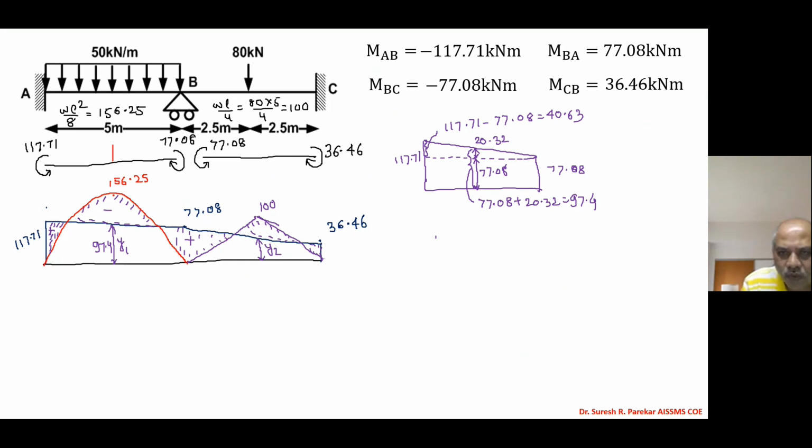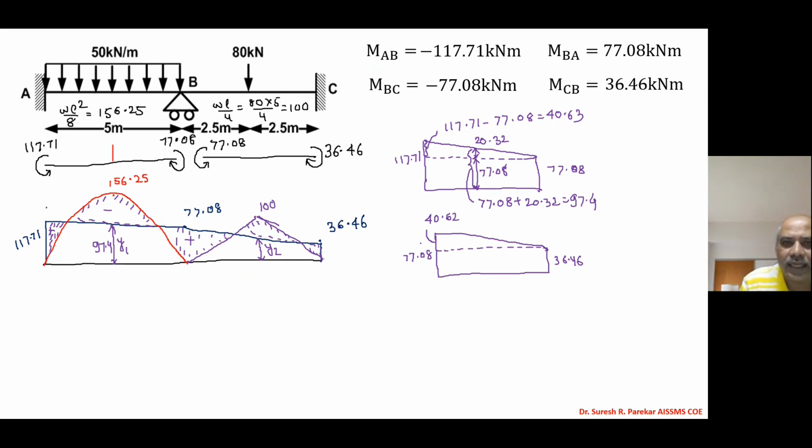Then we will find Y2 in the same way. We have this value as 77.08. This value we have 36.46. Then 77.08 minus 36.46, we have this value 40.62. So same we are getting 40.62.